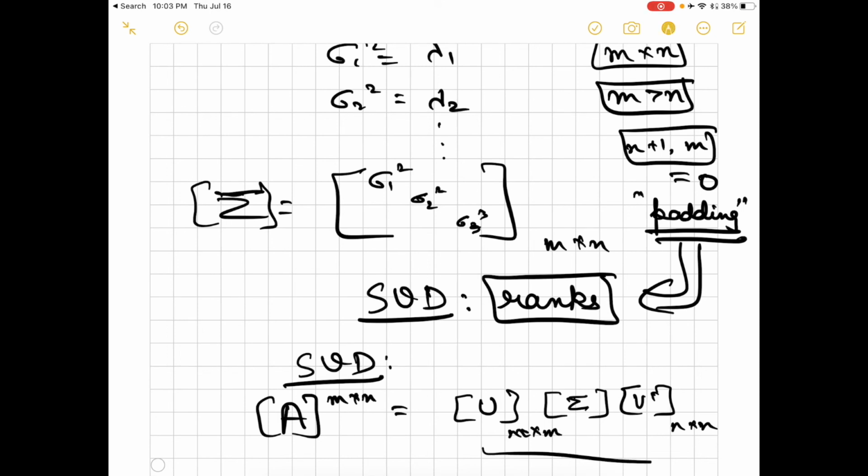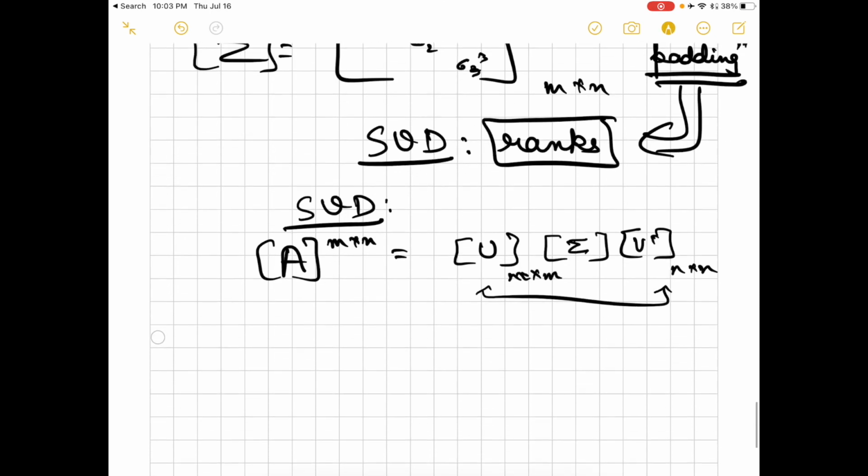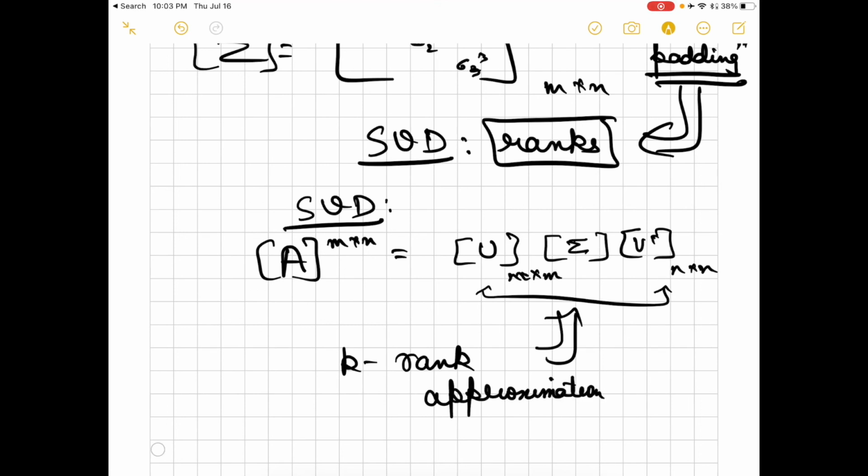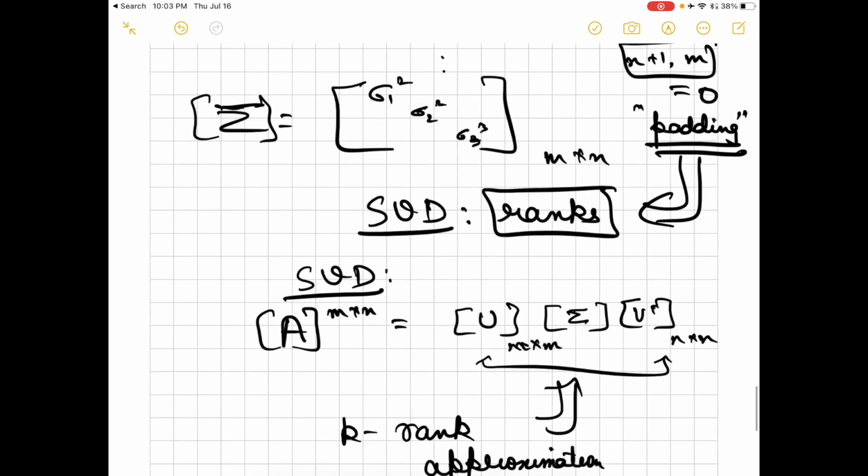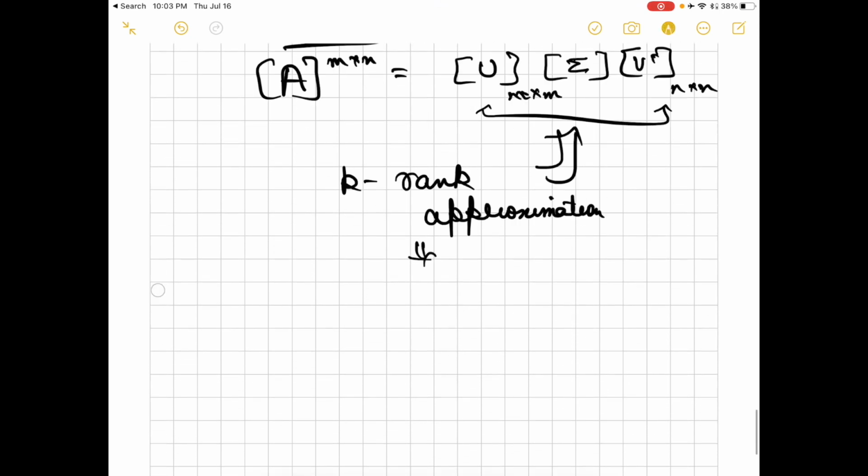So this factorization would help us develop an intuition for K rank approximation. How would it help? Because we will arrange the eigenvalues in descending order, so sigma 1 square, sigma 2 square, sigma 3 square would be arranged in descending order here.